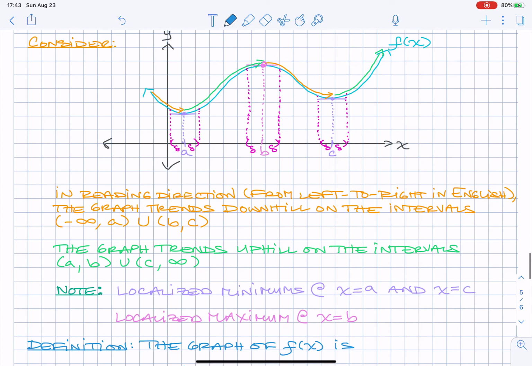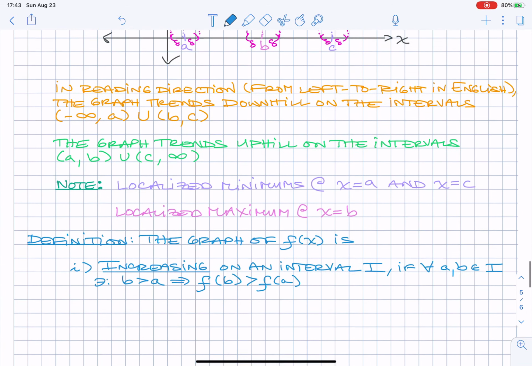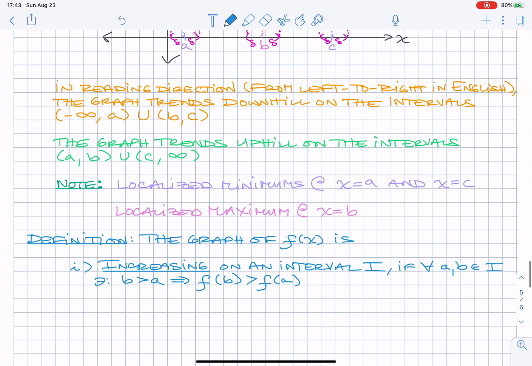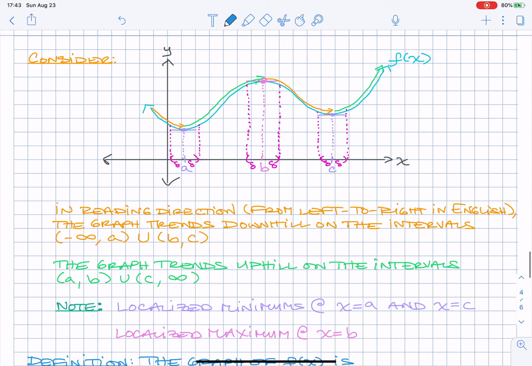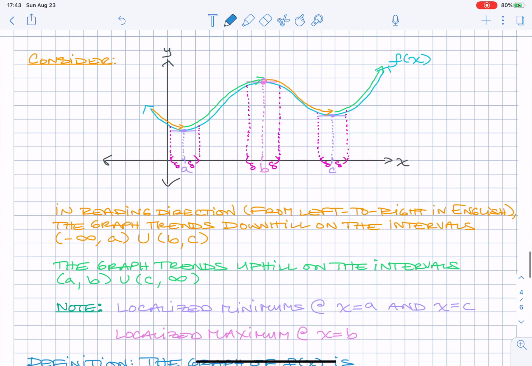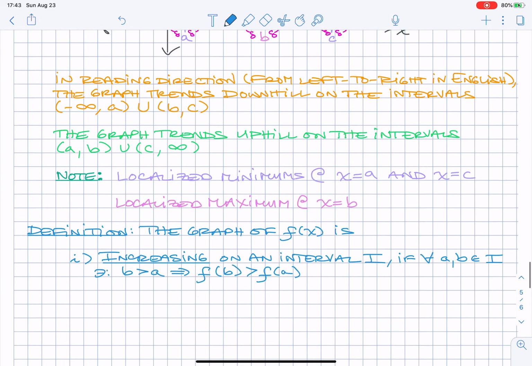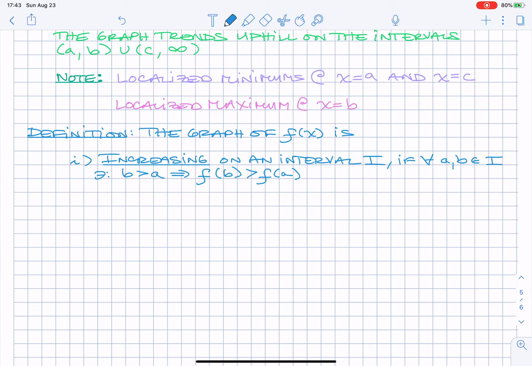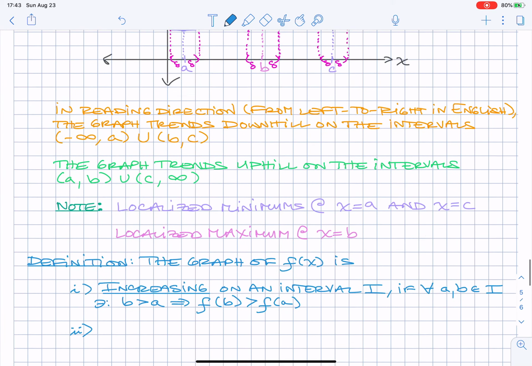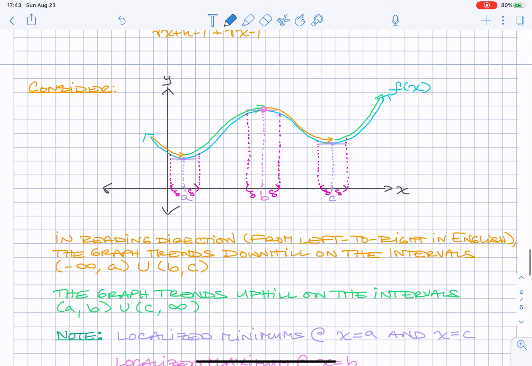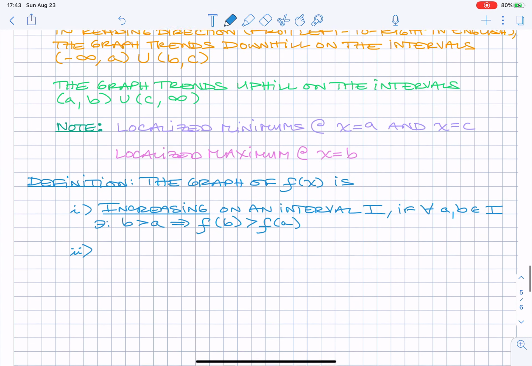I've got a perfect picture of A and B here that satisfy that B is larger than A, which means that f of B is greater than f of A. And do you agree I'm going uphill in this region? So my y values for greater values of x correspond. Okay, got that right. This is very formal. What I want you to understand is that in reading direction, you're going uphill if it's increasing.